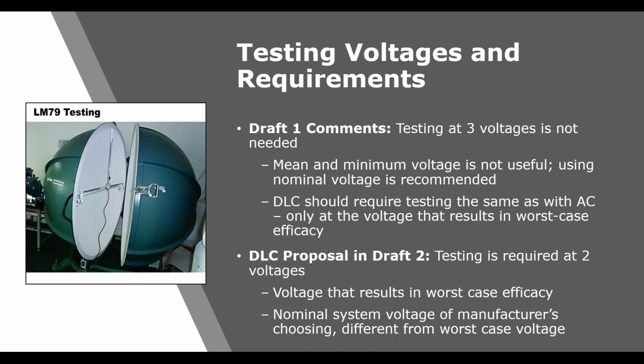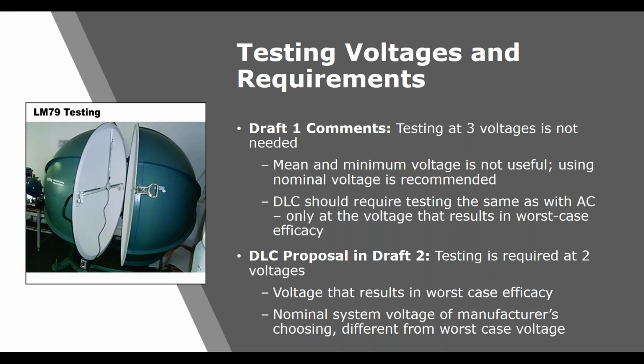There were also comments that the DLC should require testing the same as we do with AC, without additional testing burden. With AC products, we require products to be tested only at the voltage that results in the worst case efficacy. So what we've done with this draft 2 proposal is we've backed off a little bit. We're still looking for your input, but the proposal right now is to require testing at 2 voltages.